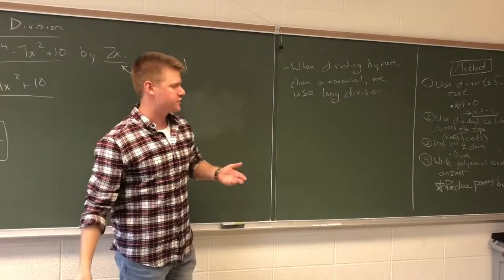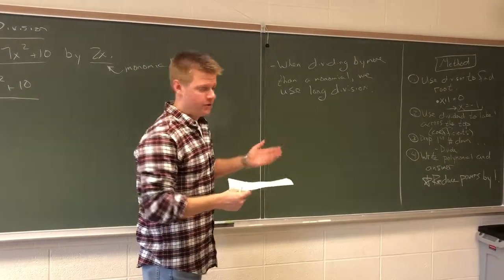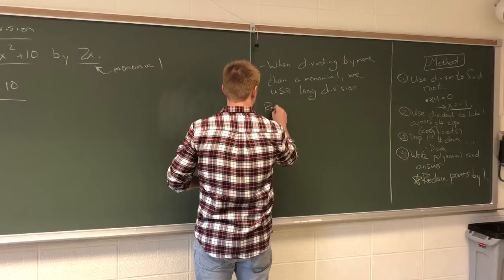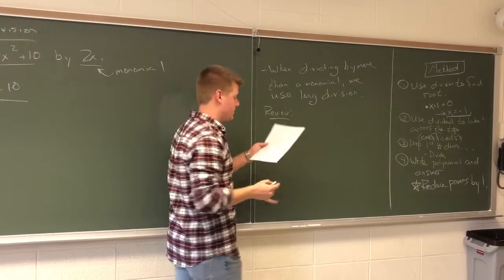So monomial division, again, single term, just reduces fractions. What we're going to review here is the simple algorithm for how we long divide with just numbers, what you've learned in the past.